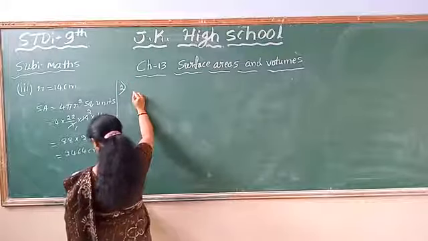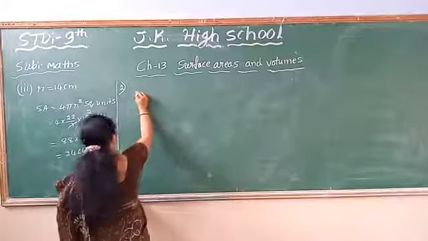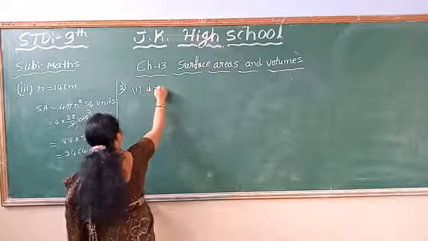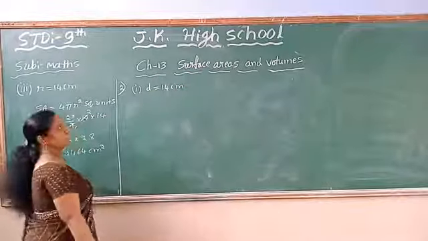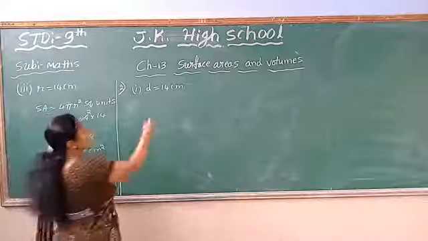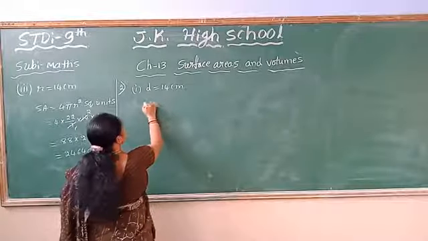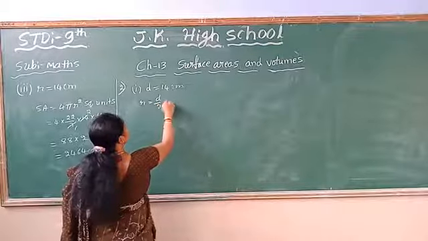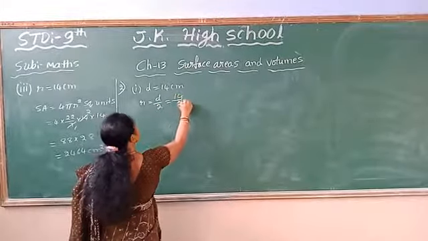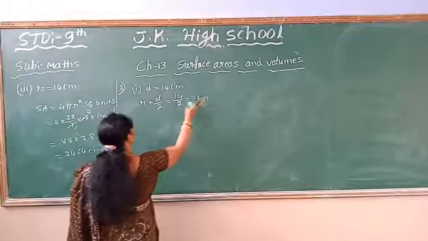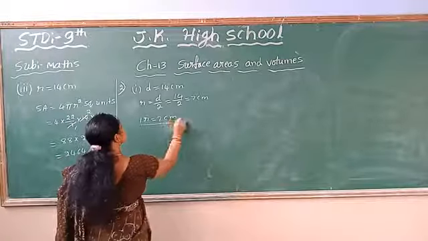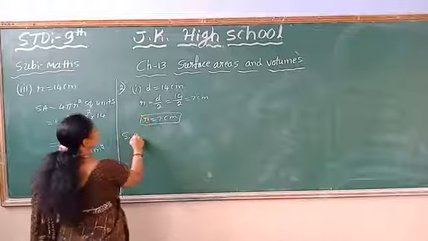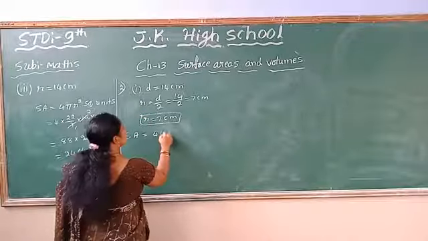Then the second question: find the surface area of a sphere of diameter. Here they gave the diameter, and you have to find the surface area. When they give you the diameter, you have to find the radius. Radius is equal to d by 2, which is 14 by 2, that is 7 centimeter. Now I got the value of r as 7 centimeter. Then I can find the surface area of a sphere, 4 pi r square.